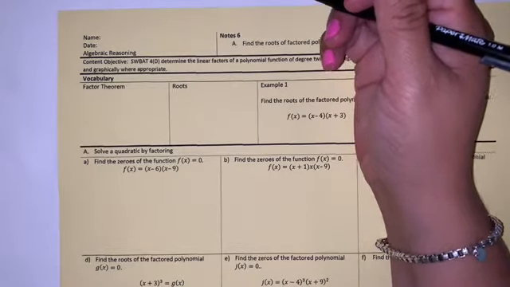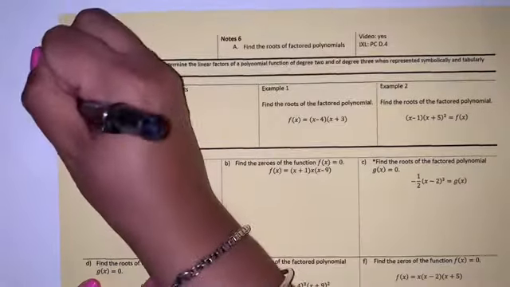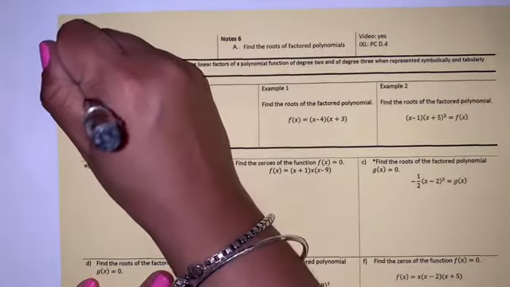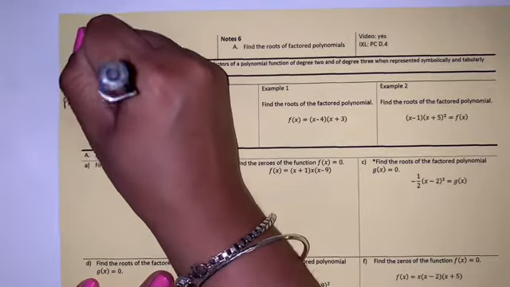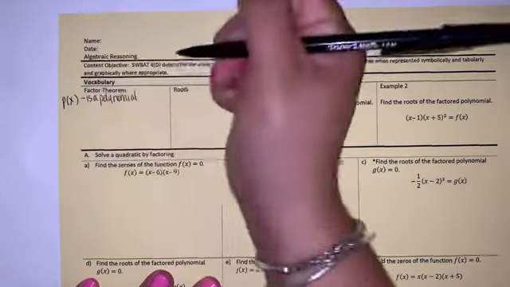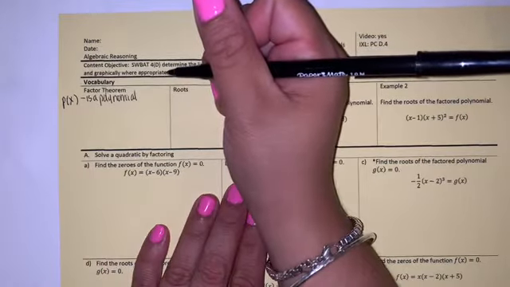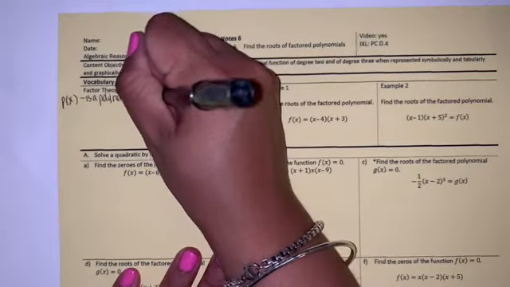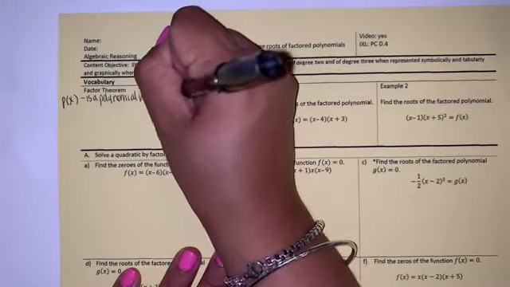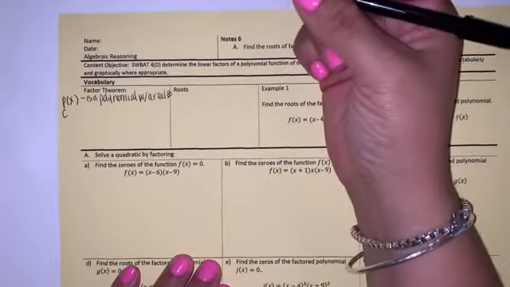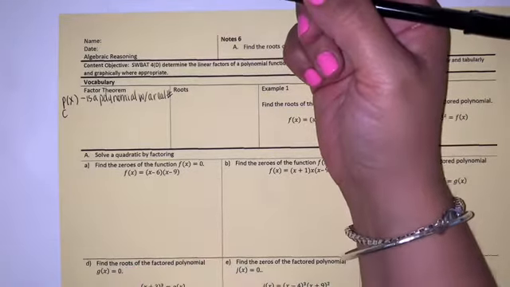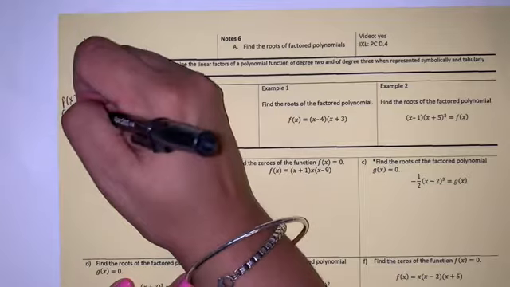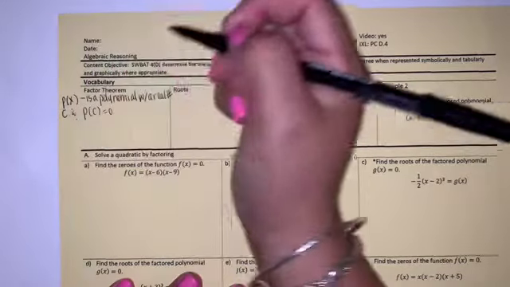So say we have a P of X. We're going to say that P of X is a polynomial, and then we're going to say that there's a real number C. So P of X is a polynomial with a real number C, and we're going to say that P of C equals 0.